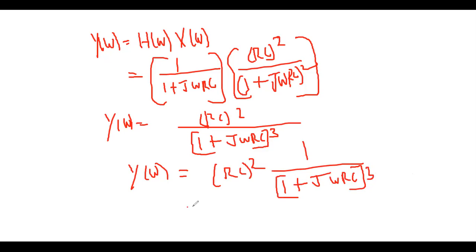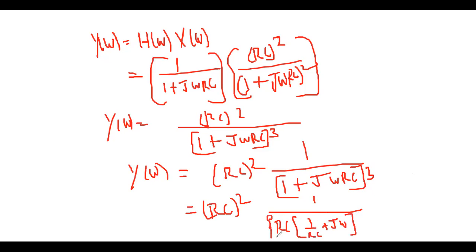Now you can rewrite this function as (RC)^2. Take RC as a common factor here: 1 by RC you can take as common, 1 by RC plus j omega, whole cube.